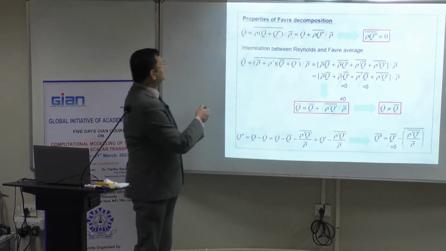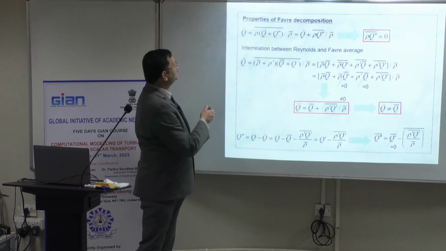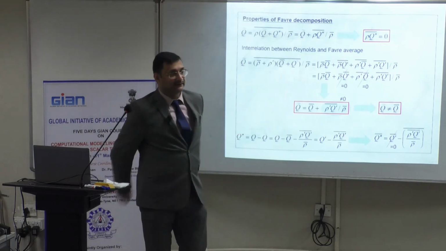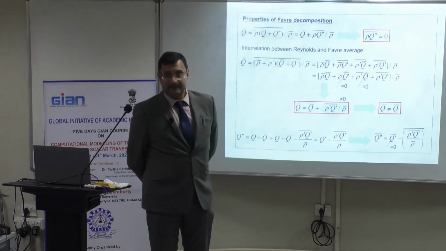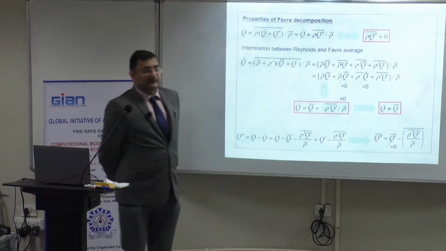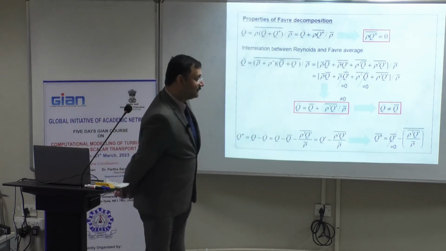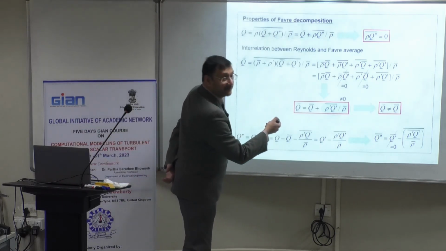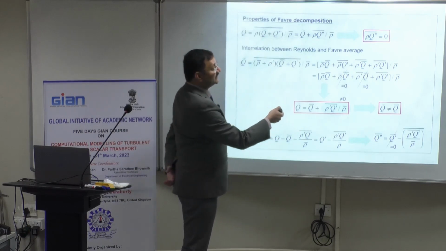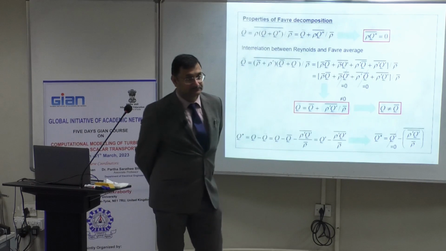If I compare the left hand side and right hand side, you can appreciate this will cancel out, that means this quantity. See? Happy with that? It means the Favre fluctuation multiplied with density, when you take the Reynolds average of that, goes to 0.